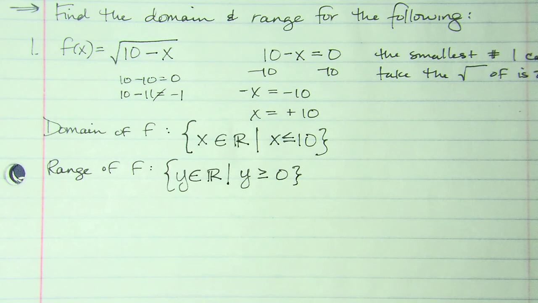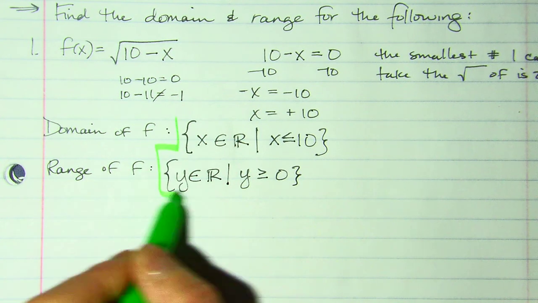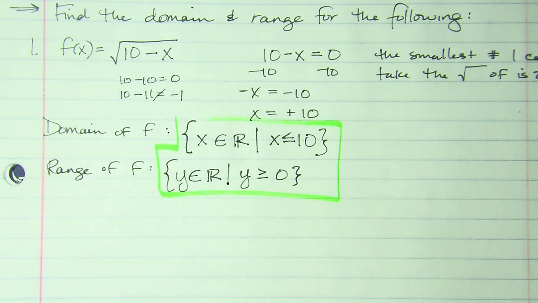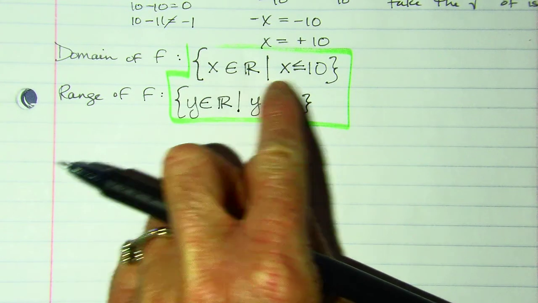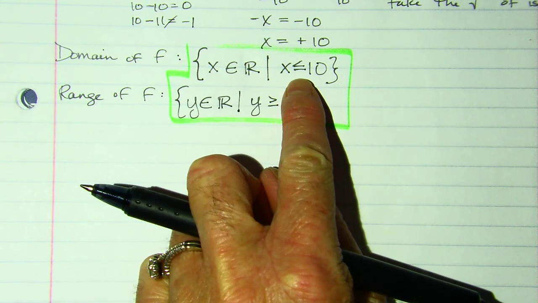Because when I take the square root of something, the smallest number I'm going to get is 0. Because remember, I don't want a negative. So that is the domain. This would be your answer. Okay, so this is x is all real numbers such that, then you write all your limits.